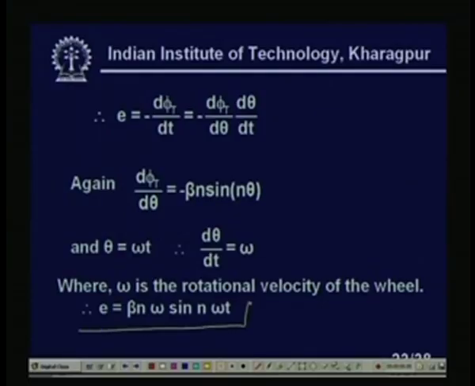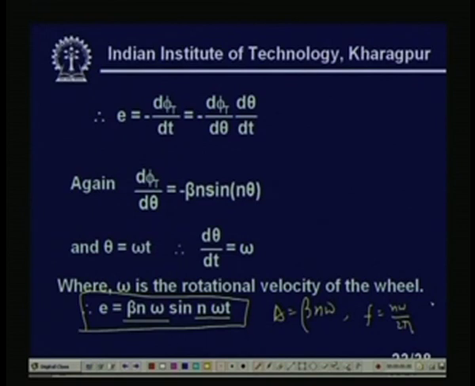This is a very important expression. The amplitude of this output signal is beta n omega, with the frequency of n omega. That means the amplitude is beta n omega and the frequency is n omega by 2 pi, I mean the linear frequency.